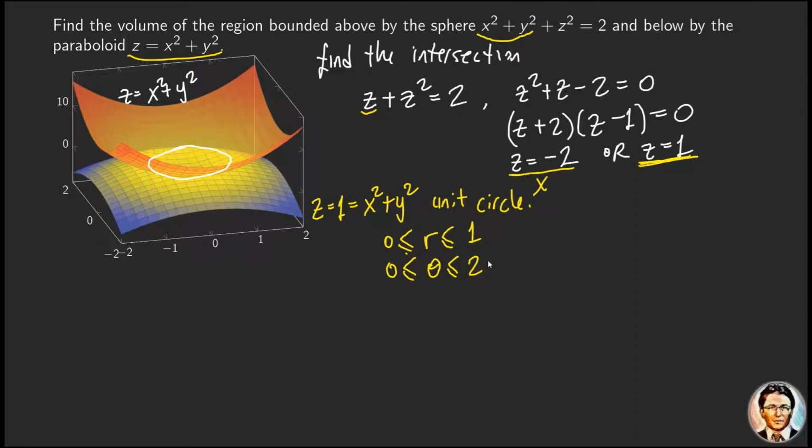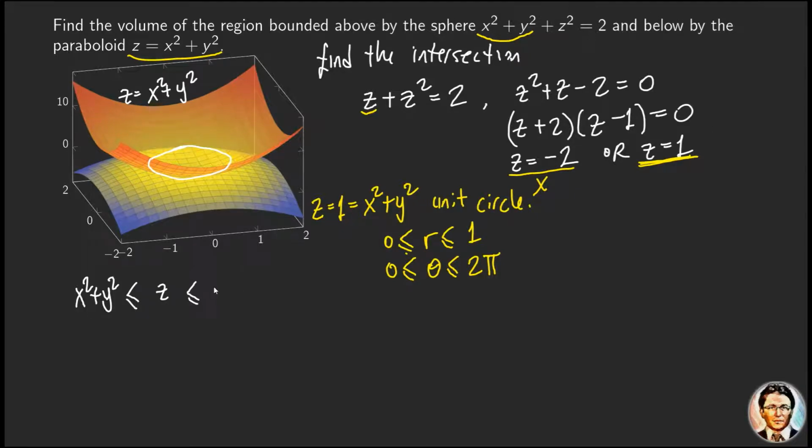What about the z coordinate? z is bounded below by the paraboloid x squared plus y squared and above by the sphere of radius square root of 2.